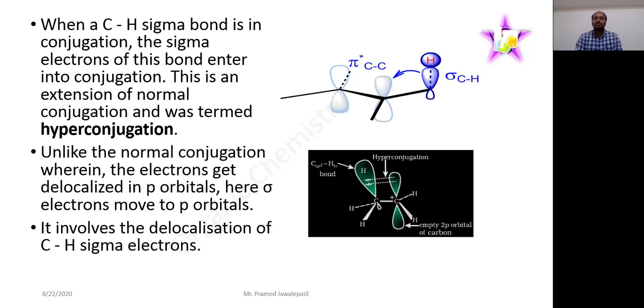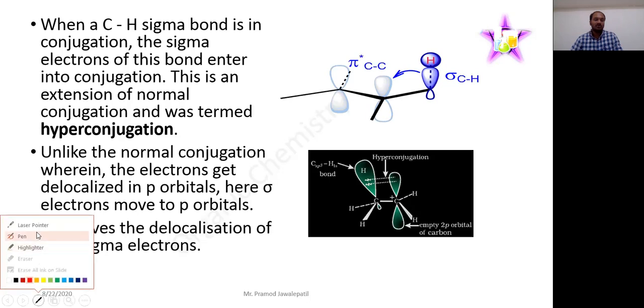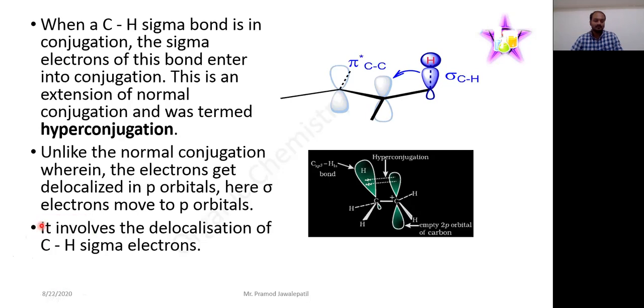Unlike normal conjugation, where there are alternate single and double bonds, in hyperconjugation the carbon-hydrogen sigma bond electrons are conjugated with the empty p orbital of the adjacent carbon atom or any element.